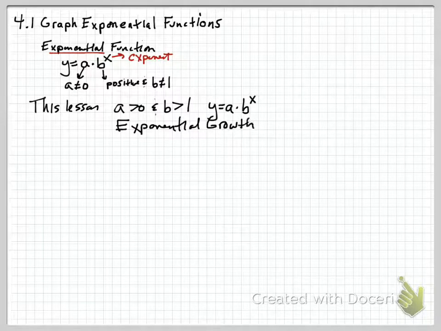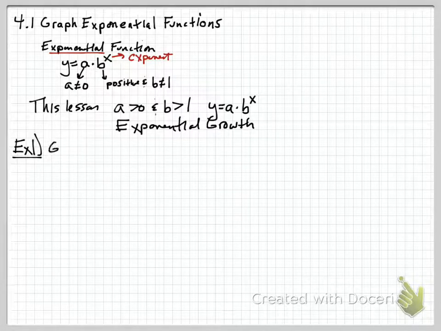So, what we're going to do right now is graph a very basic exponential growth function and analyze it thoroughly. So, example 1, let's graph y equals 2 to the power x.